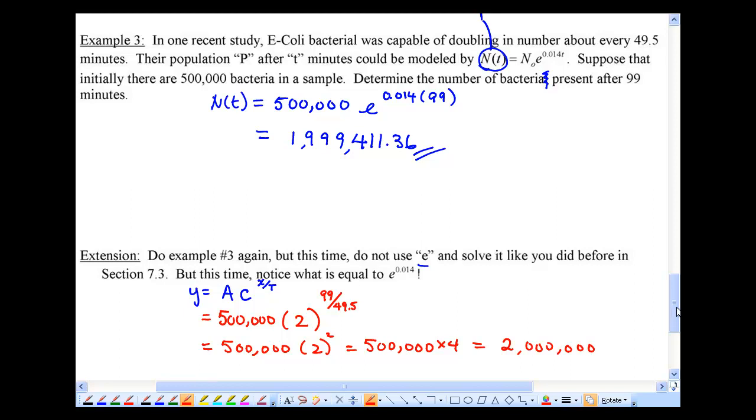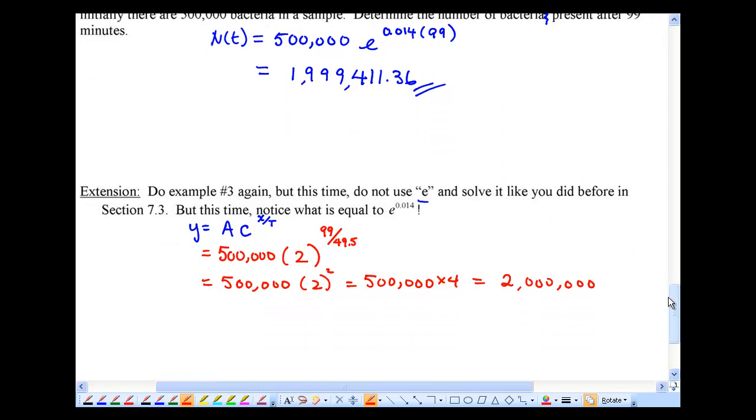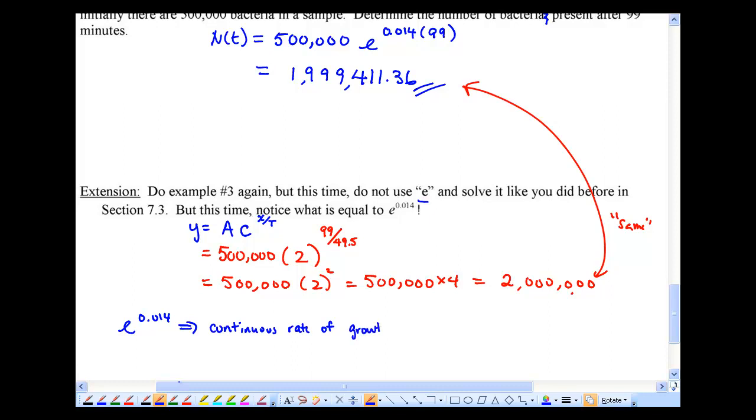Just a little bit off. And so I think these two things are exactly the same, pretty close, same. And so ultimately, what we can conclude about what this e to the power of 0.014 really is, remember that e is the rate of continuous growth. So from e to the 0.014, we get a continuous rate of growth of 1.4%, okay?